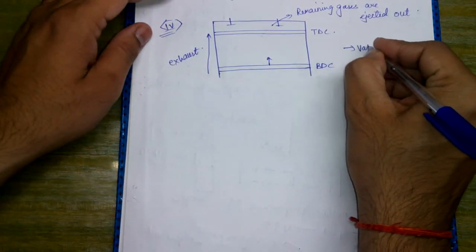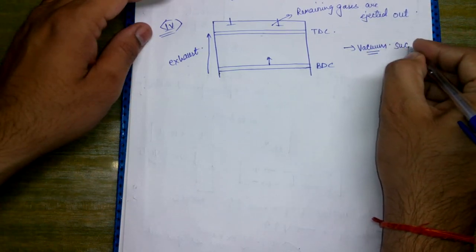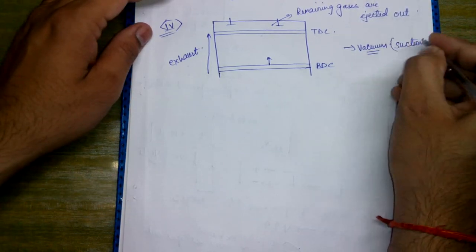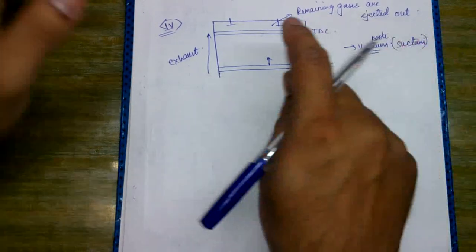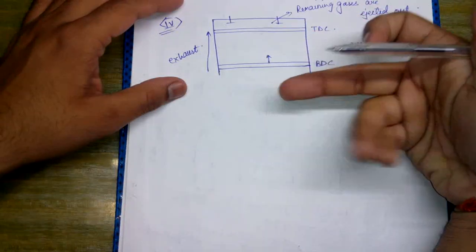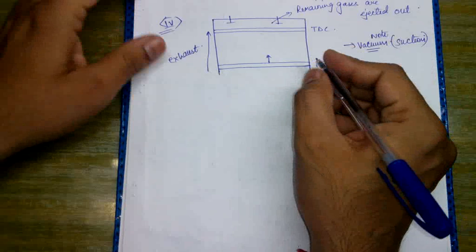And we should remember that vacuum is actually created during the suction stroke. Okay, vacuum is created during the suction stroke. This is a note point. And this stroke, when the piston is moving from the BDC to the TDC, it is called as the exhaust stroke.